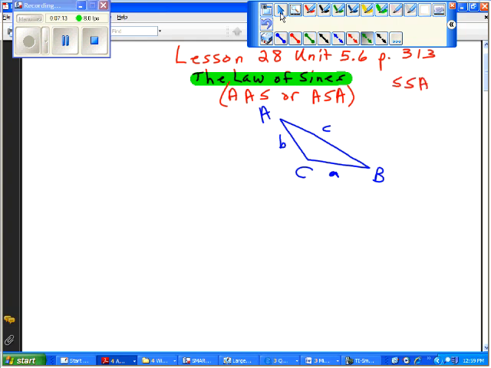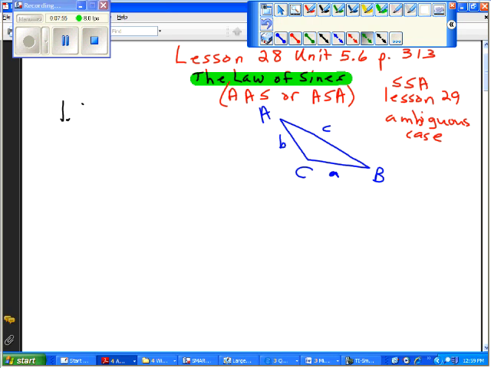Side, side, angle is the ambiguous case for law of sines. So law of sines can also apply to side, side, angle, but it's an ambiguous case, and we have to really study it before we decide how to deal with it. So we're going to deal with the law of sines in the non-ambiguous cases, angle, angle, side, and angle, side, angle first.